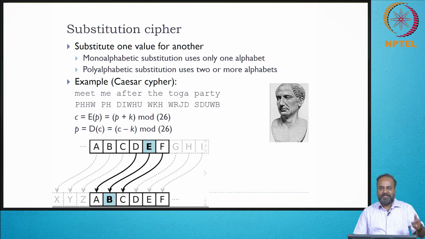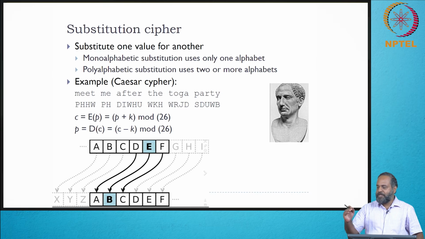And then substitute your character with the character after 3 positions, that is why it is called substitution. You substitute each character with a character in the alphabetical series based on a constant number, which is K. Okay. It is P plus K.